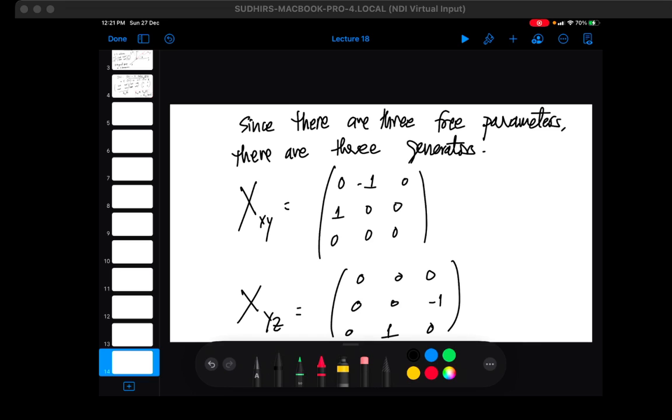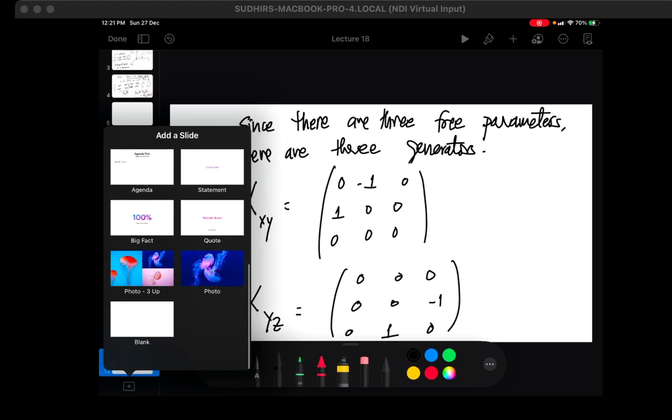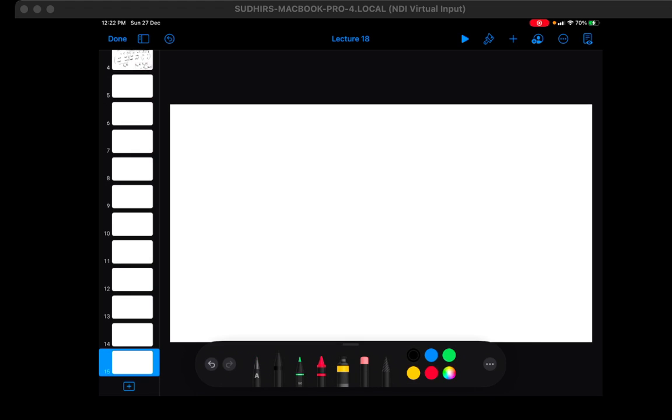Okay, and then there will be one in the xz plane. So you have these three generators.